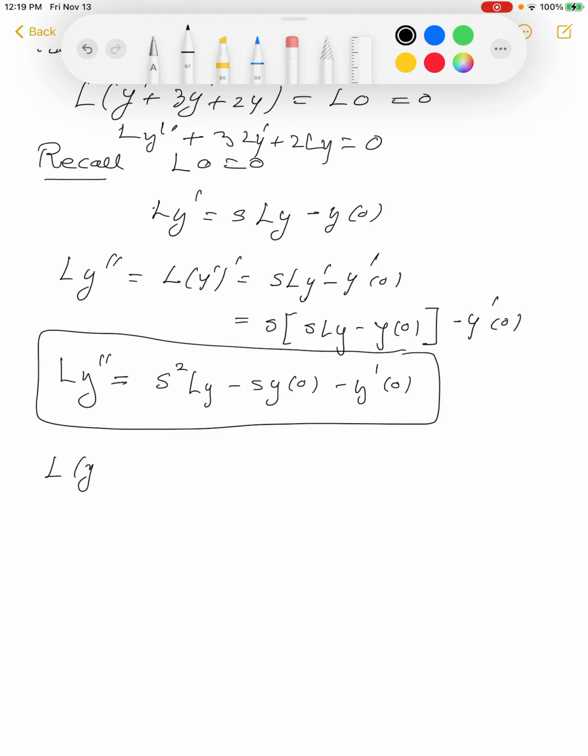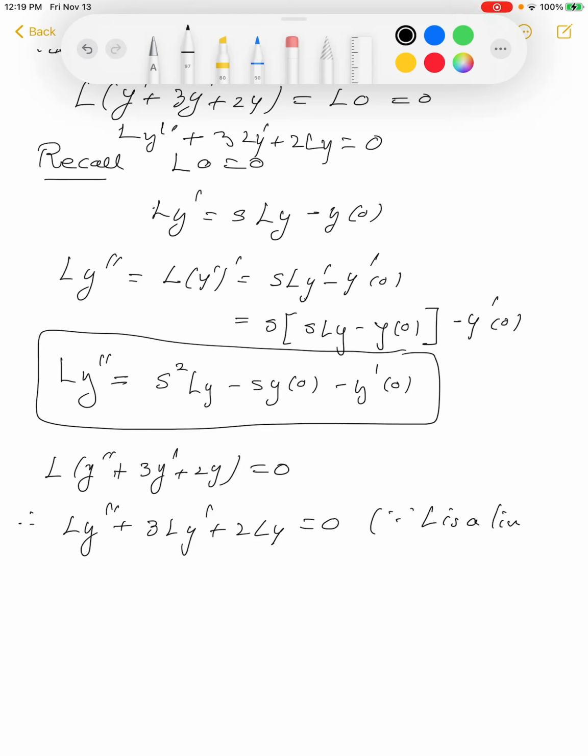So L of y double prime, what was our problem? Plus 3y prime plus 2y equal to 0. Therefore, L of y double prime plus 3Ly prime plus 2Ly equal to 0, since L is a linear transformation.